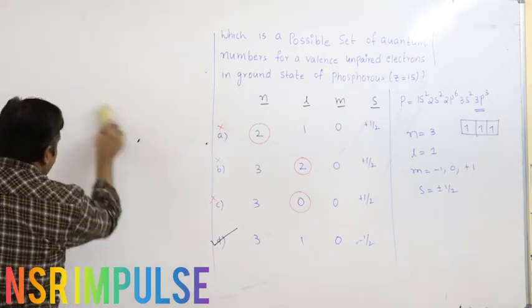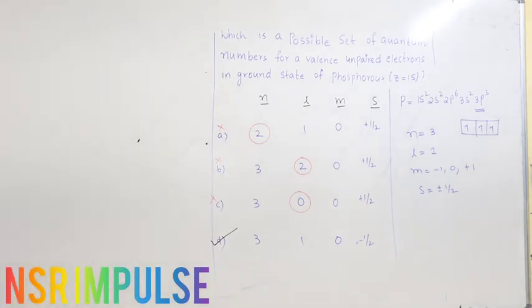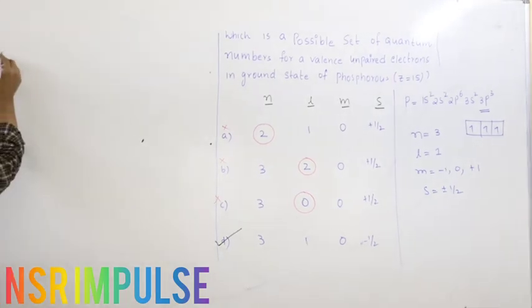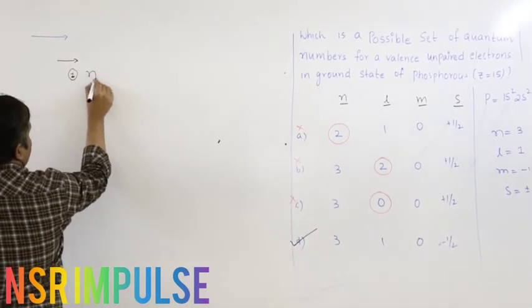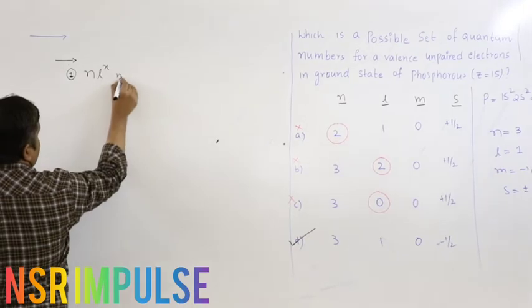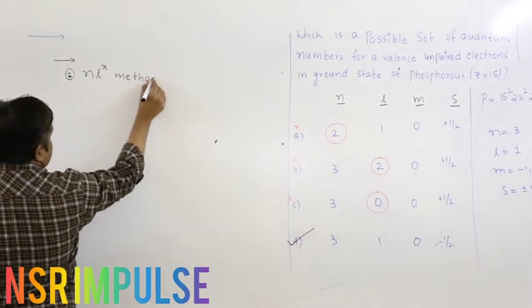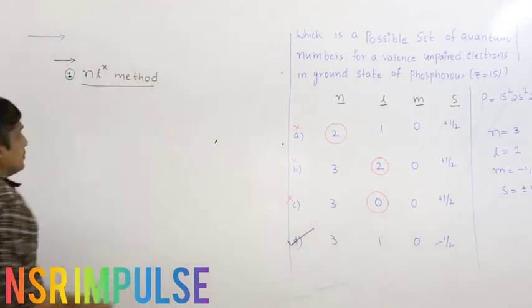I would like to briefly explain how to write the electronic configuration. The first one is the NLX method. Mostly we study this in 10th class itself, but this is just a revision.